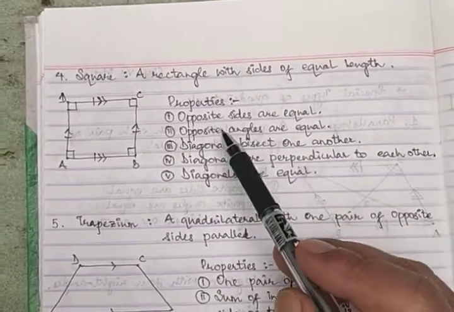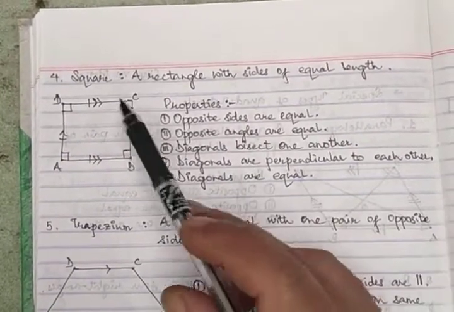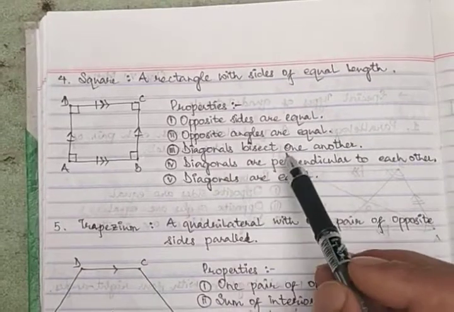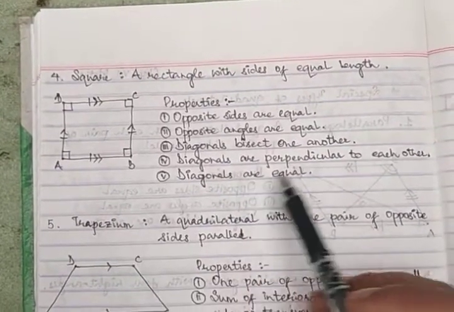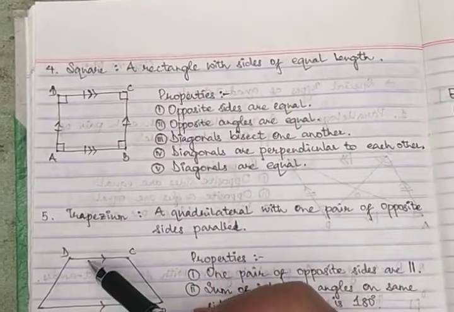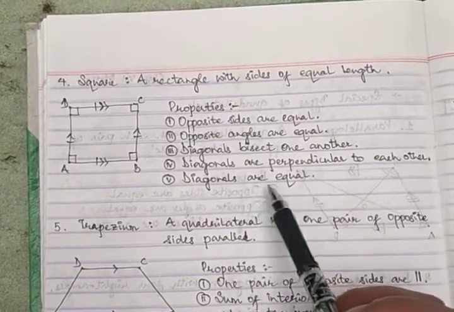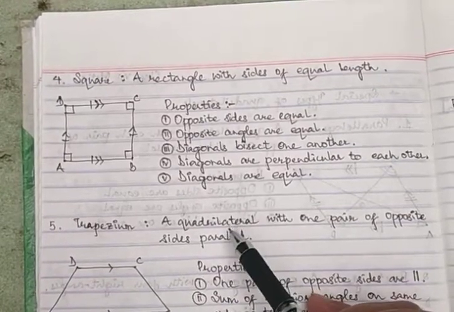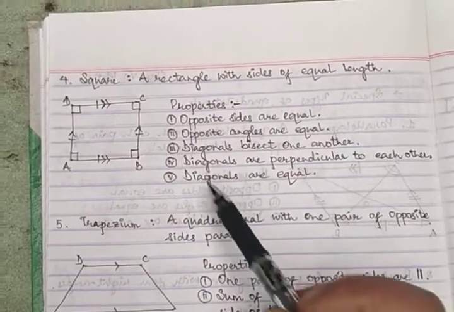See the properties: opposite sides are equal, opposite angles are equal, or we can say all the four angles are equal. The diagonals bisect one another. The diagonals are also perpendicular to one another. Now, one additional thing is that the diagonals are equal as well.